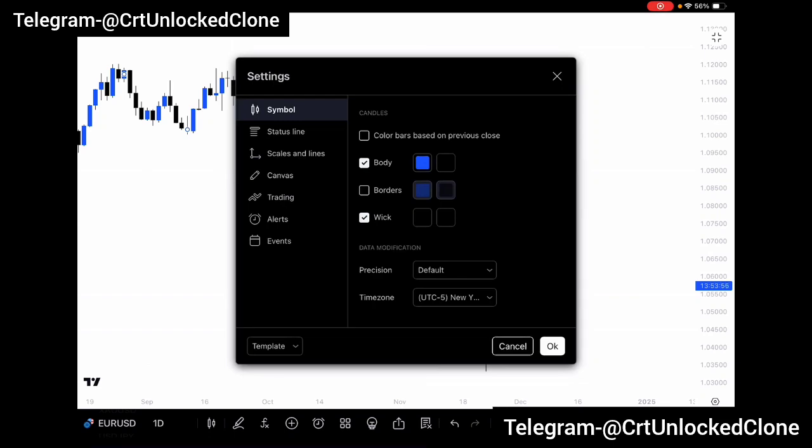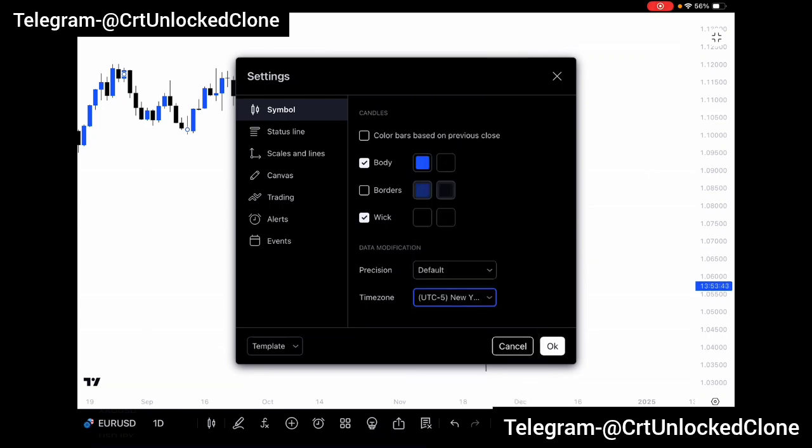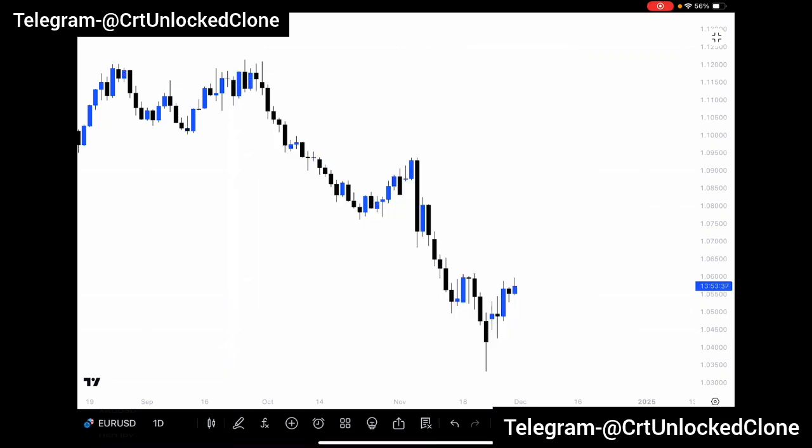In there you can clearly see the option Time zone. Tap it and you can see UTC-5 New York. Tap that, then press OK, so we have successfully changed the time zone to UTC-5 New York.